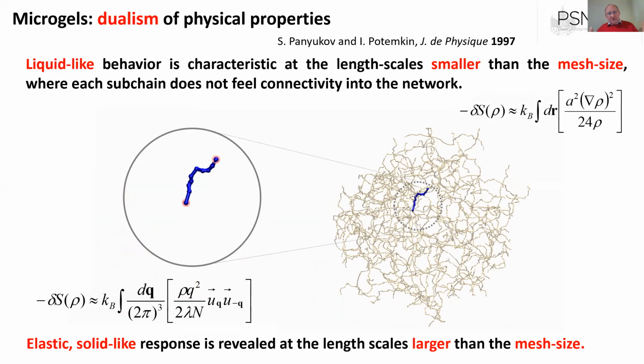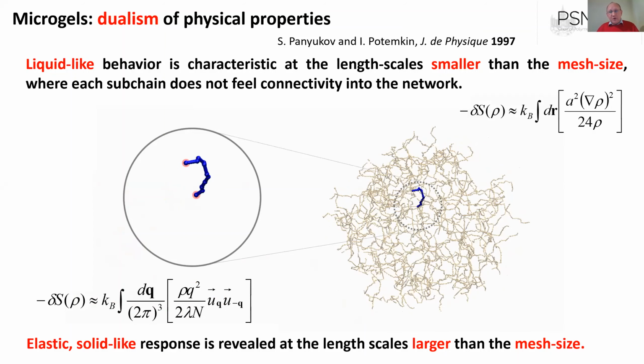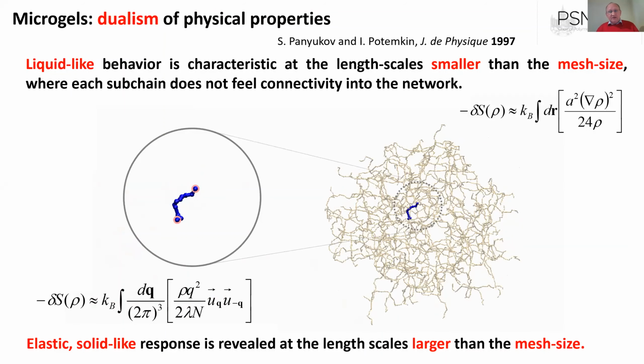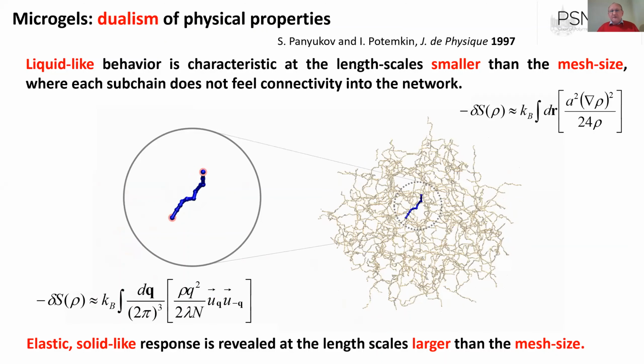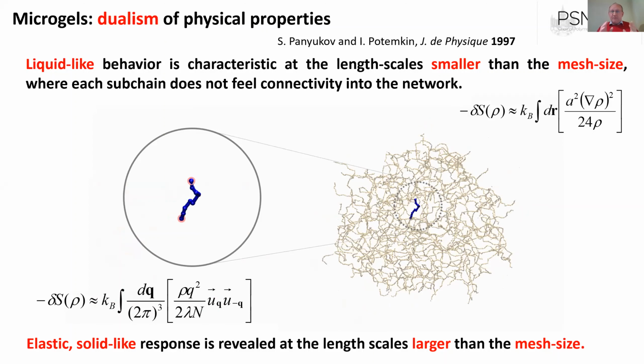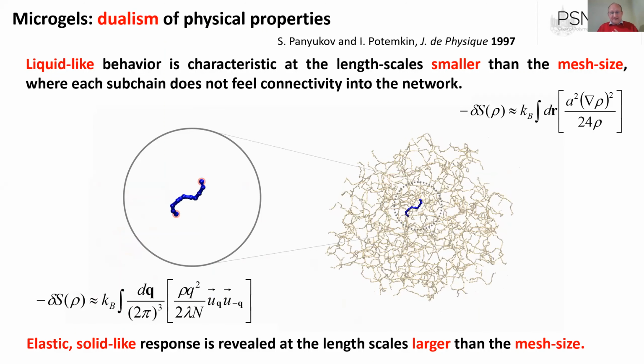Despite the pretty simple chemical structure of the microgel, the physical properties are pretty sophisticated. In particular, it is believed that liquid-like behavior is characteristic at length scales smaller than the mesh size, where the subchains don't feel connectivity into the network.